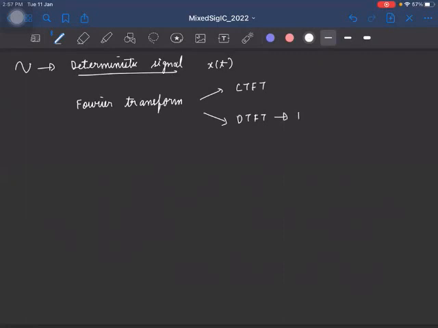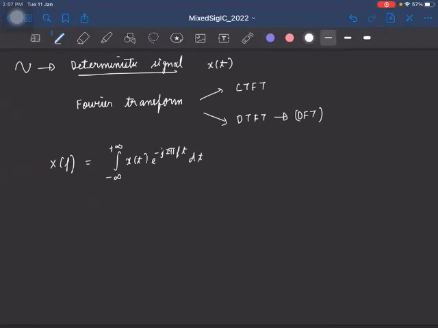And in practice, we use what is known as the discrete Fourier transform. Right? So the continuous time Fourier transform is computed using this equation, that is X of f is integral from minus infinity to plus infinity x of t e power minus j 2 pi f t dt.